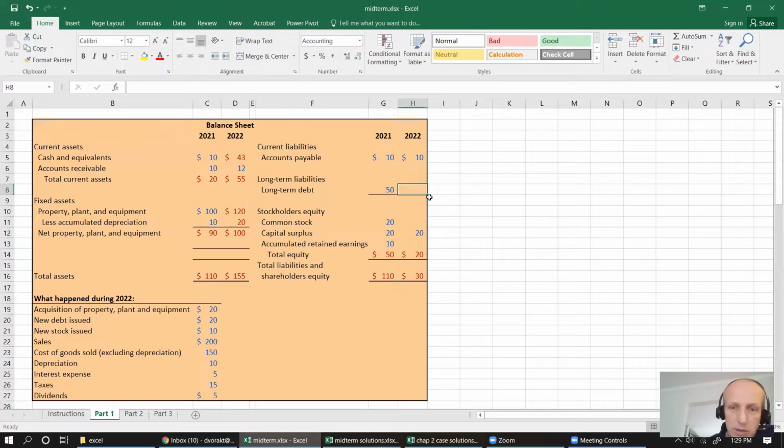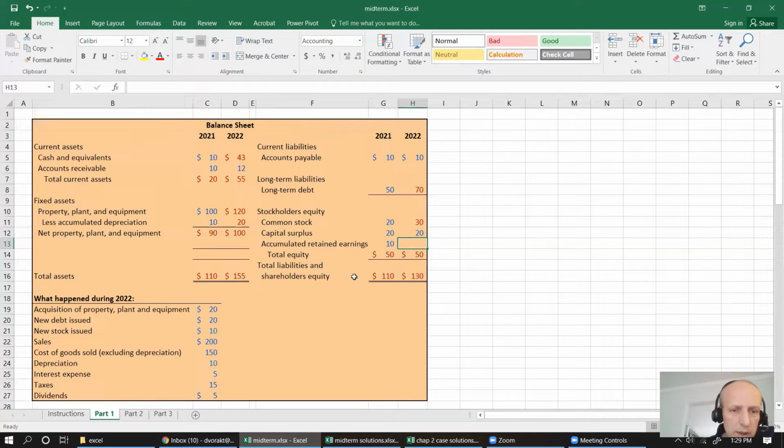Long-term debt, well, we started with 50, and we're going to add new debt of 20. That brings us to 70. Common stock, well, we started with 20, but we issued $10 more. Where is that? That's here. So now common stock is 30.